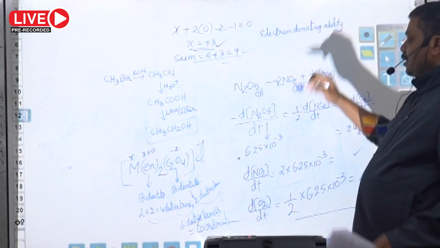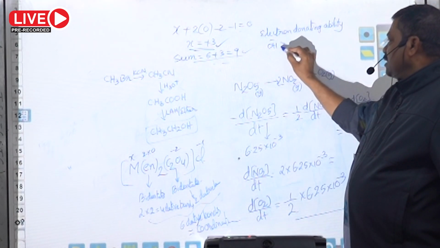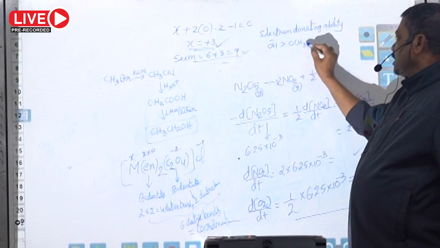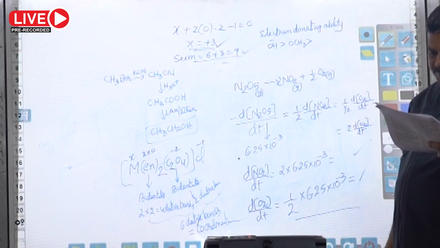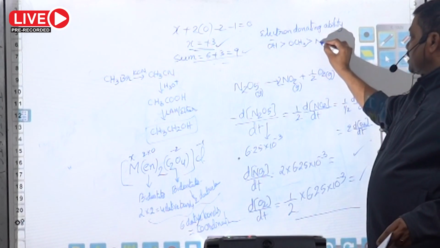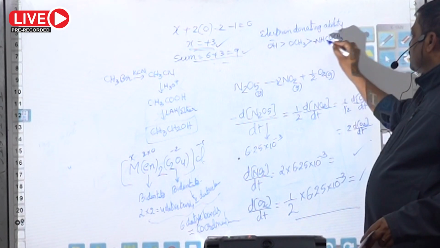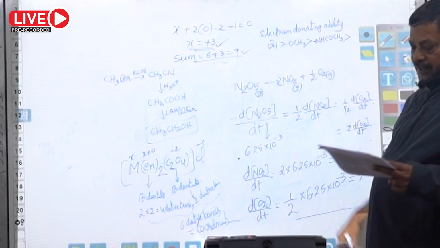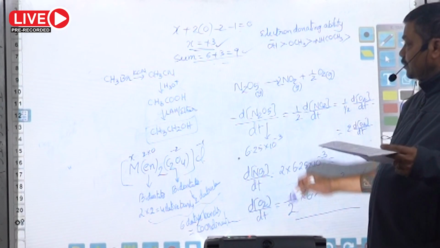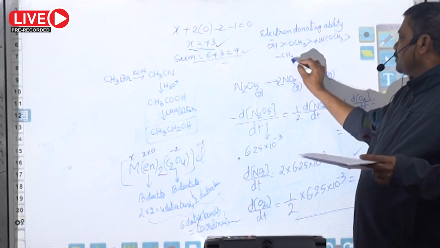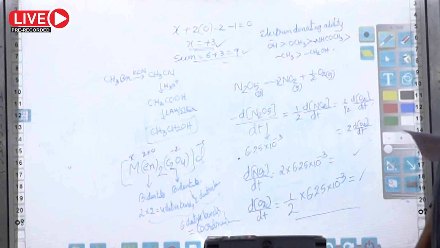Now this value is given. How much? 6.25 into 10 power minus 3. Now d[NO2] by dt is equal to, with this 2 we have to multiply, 2 into 6.25 into 10 power minus 3.